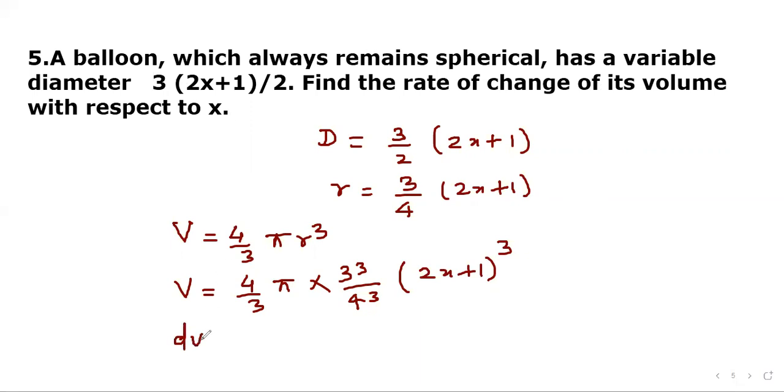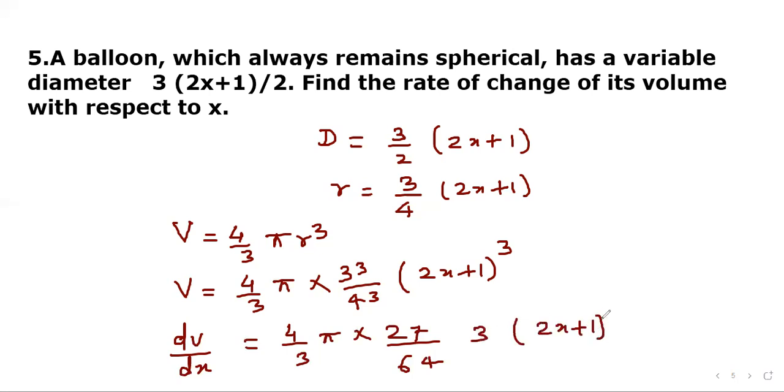So it will become 4 upon 3 pi times 27 divided by 64 times the derivative of this. The derivative will be 3 times (2x plus 1) whole square times the derivative of 2x plus 1, that will be 2. So on simplification, we can get the answer.